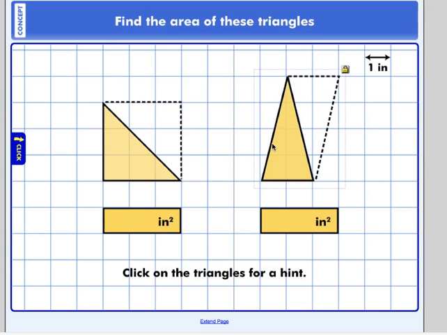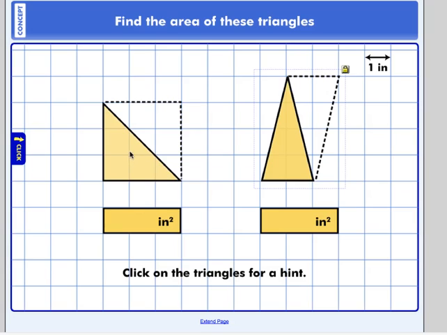Or this one here, if we take this triangle and we flip it over, we have made a whole parallelogram. So 2 triangles make the whole parallelogram. How would we find the area? Well, if you're thinking that we could take the base times the height, so it would be 3 times 3, 9 inches squared would be the area of this whole rectangle.